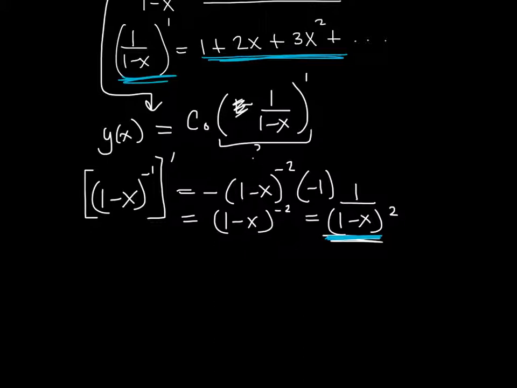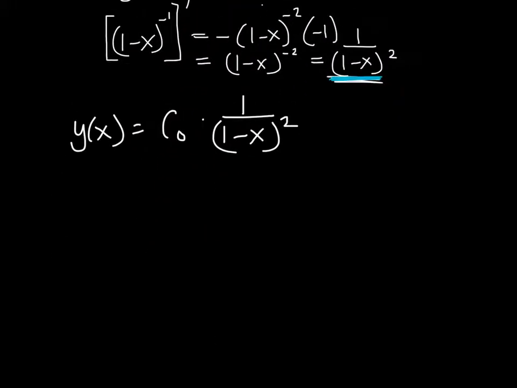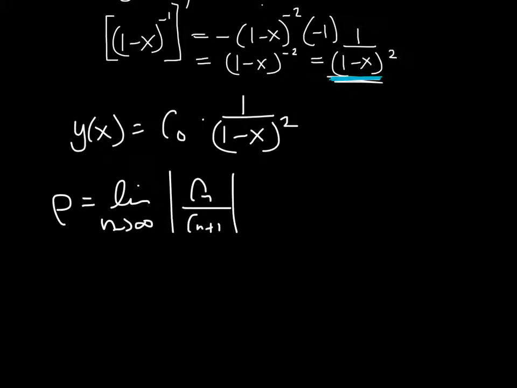So we have identified a series solution in terms of familiar elementary functions, in terms of 1 over 1 minus x. Now the next direction is the radius of convergence. Let's quickly do this one, which is kind of a nice one. Rho equals the limit as n approaches infinity of cn over cn plus 1. What's our cn?